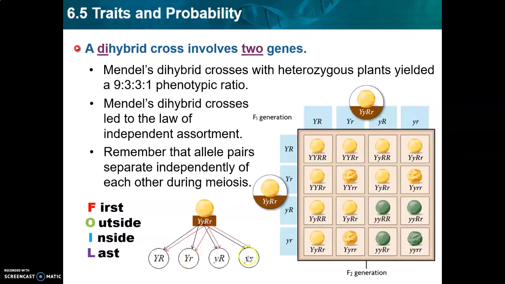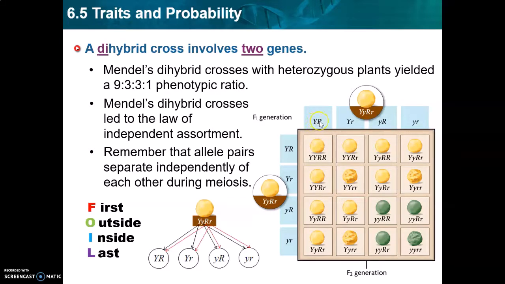All 4 of those gametes are possible from a parent who is heterozygous. So these 4 gametes are what we are writing across the top and what we're writing down the side. Whenever you do a dihybrid cross, you have to make sure that the gametes you're writing have 2 letters. Whatever gene you're looking at, you need 1 letter from each gene.